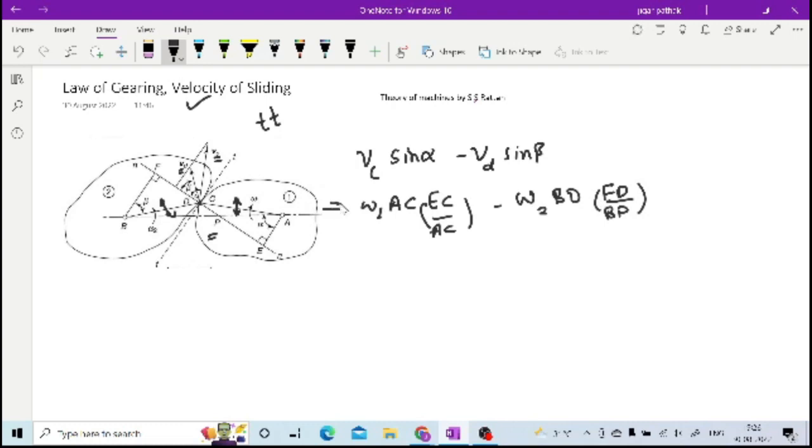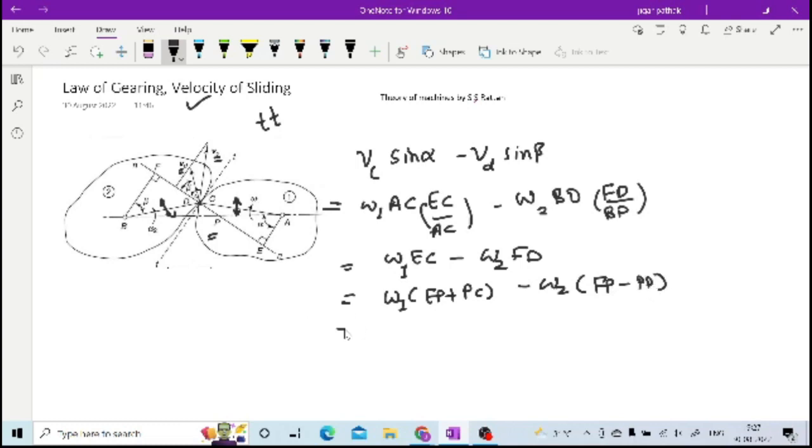If you further simplify, you will get omega 1 EC minus omega 2 FD. Now EC can be written as EP plus PC, right? Omega 1 into EP plus PC, minus omega 2 FD, which can be written as FP minus PD. Now if you see, omega 1 PC and omega 2 PD are coming positive, right?